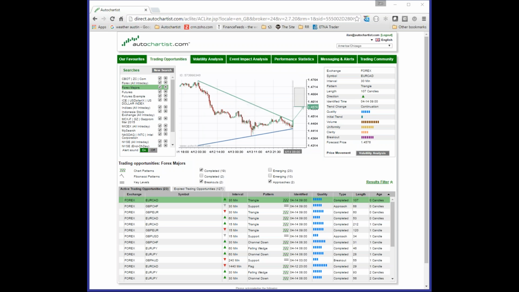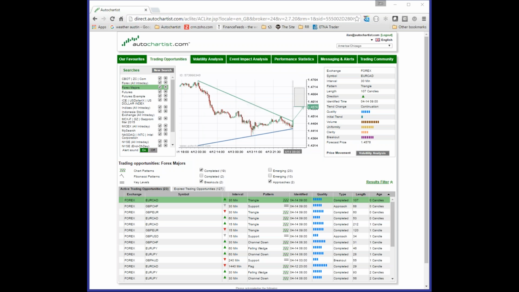Okay, so Carl asked a good question. When you're looking at the scanner in Auto Scanner, how do you go from there to the website? I'm presuming you're talking about the MT4 scanner. So Carl, let me show you this. Give me one moment and I will show you an example.